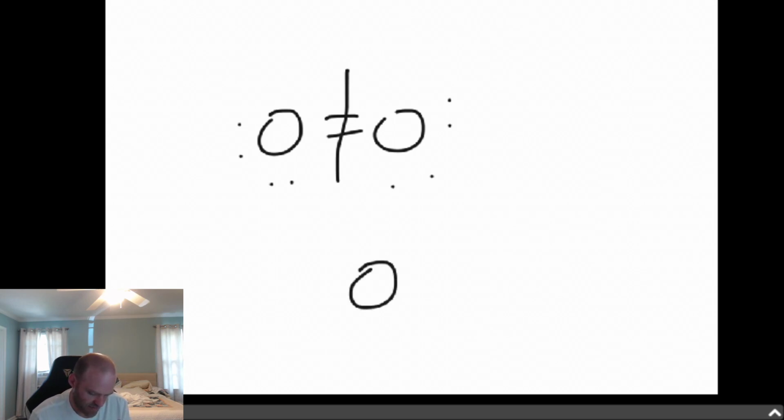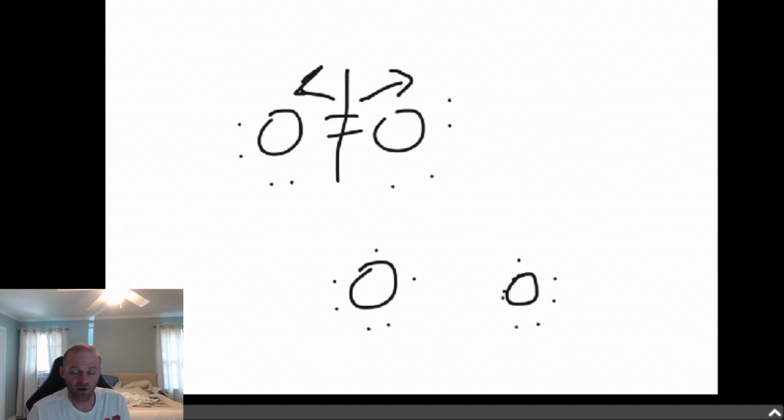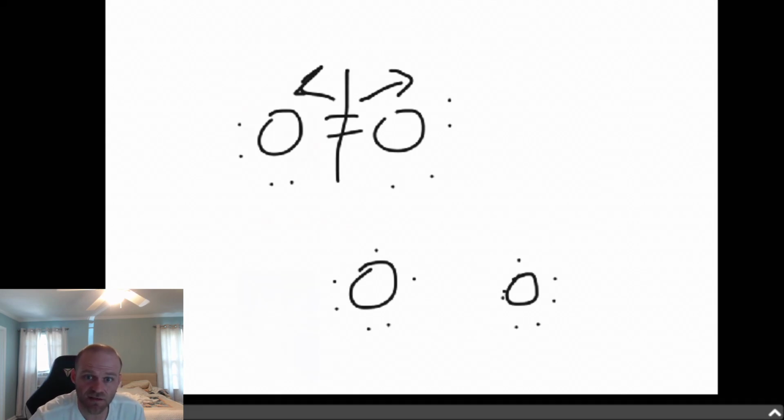When I do break that bond, these two are going to go over here, and these two are going to go over here. So I'm back to the unstable molecule that I had in the first point. I know I'm putting energy in there. That energy comes from the transfer of electrons. So that's what's happening in a redox reaction.